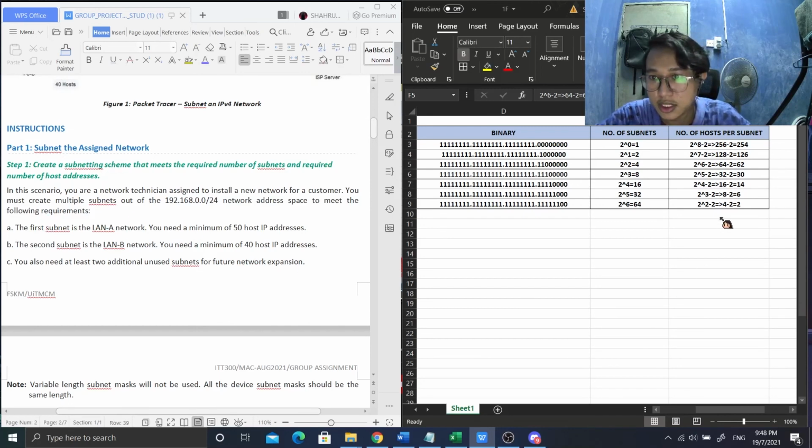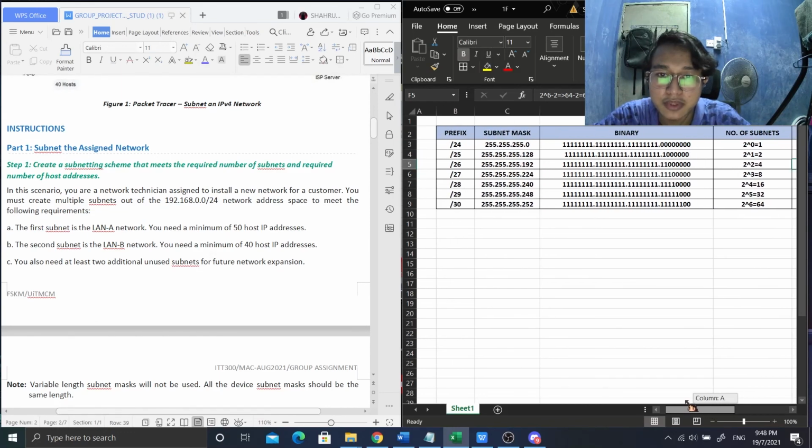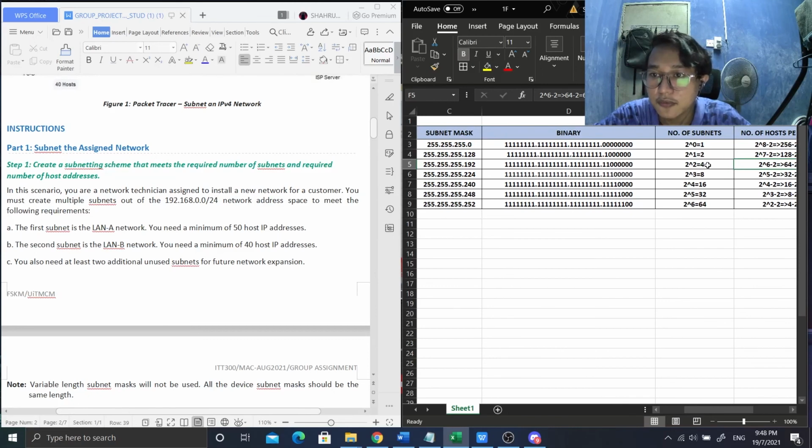So using this table that we already made, for the number of subnets, the minimum of 4 and above is /26, /27, /28, /29 and /30, because they have 4 subnets and above.